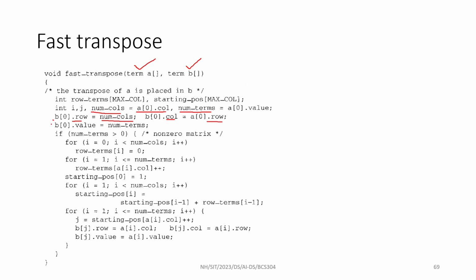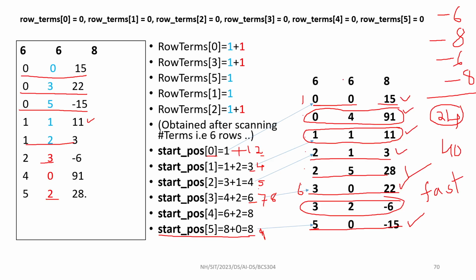That means we have obtained the first row of the transpose. The first row is 6 6 8. Why 6 6 8? This 6 is this column. The column now was the row. Value is same.